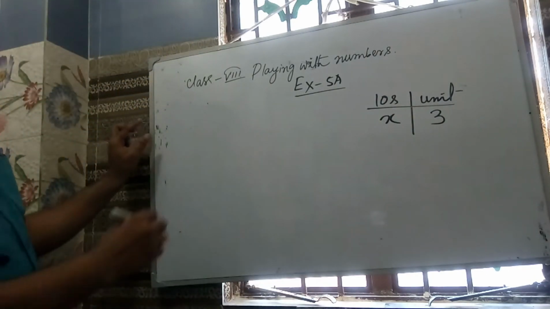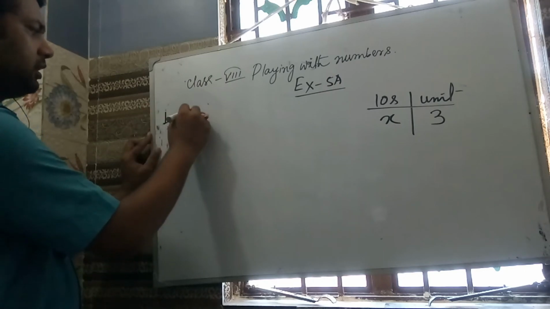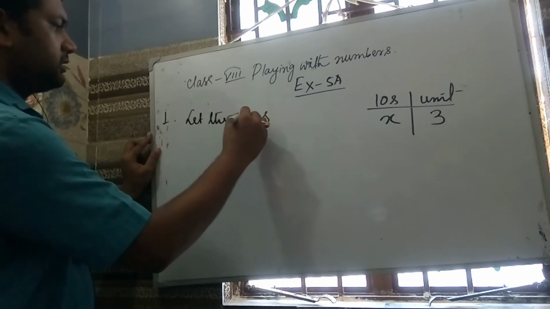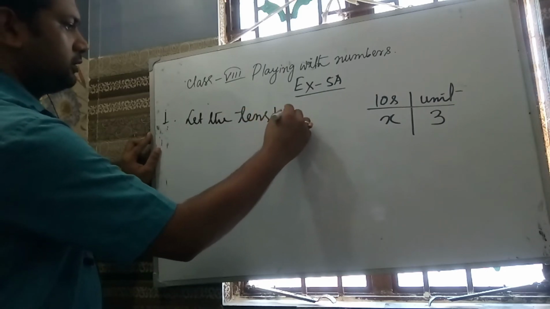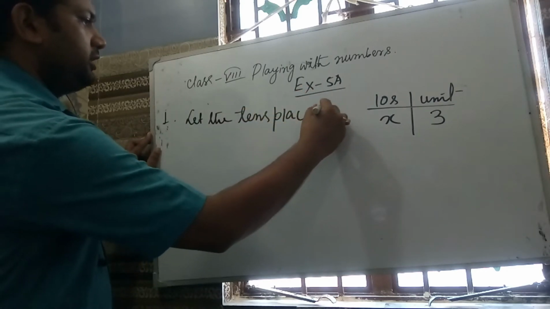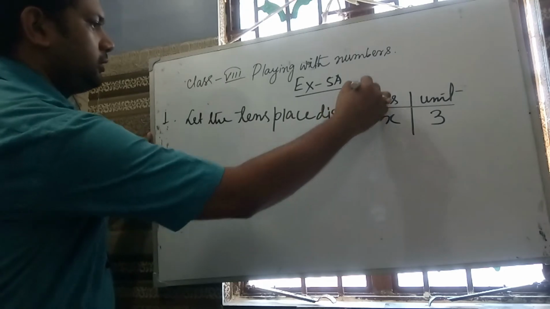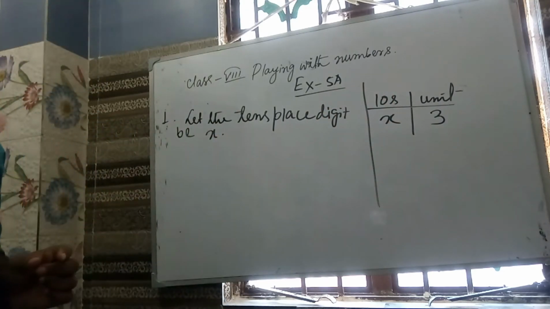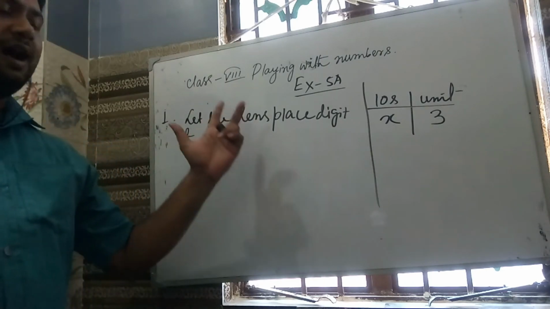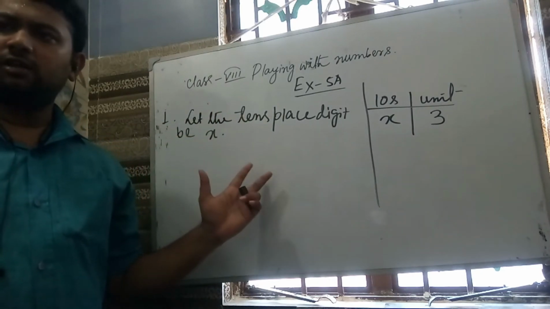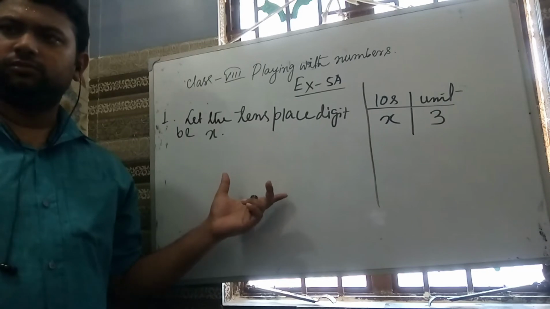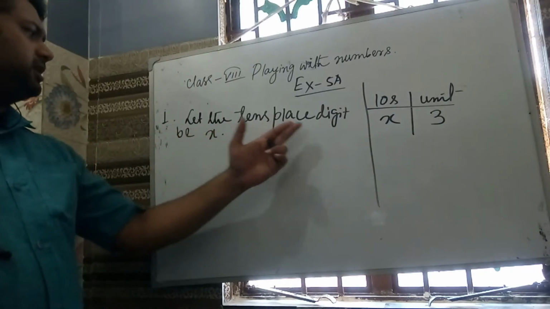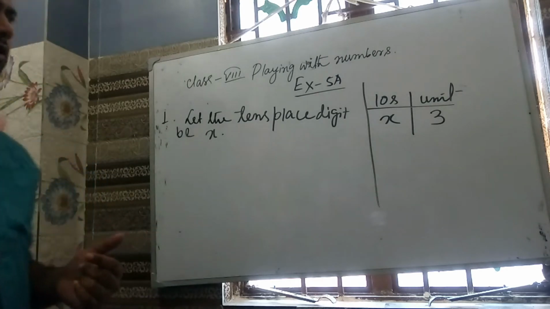Okay, so write down: let the tens place digit be x. I will request everyone, first understand the sum, then I will give you time to copy the sum. Let the tens place digit be x.